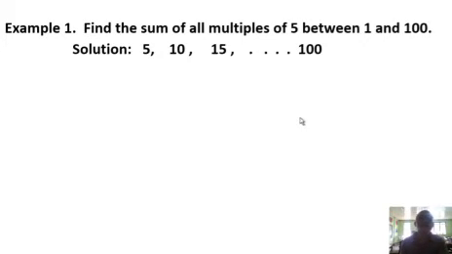Next is 10, 15. Then the last term is 100. These terms form an arithmetic sequence with the first term 5 and the last term 100. If we subtract, 10 minus 5 is 5, 15 minus 10 is 5, so the common difference is 5.